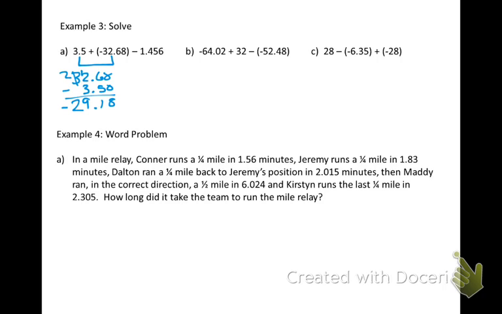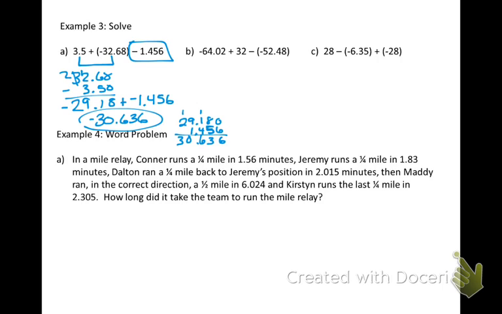And then I'm going to bring this down, but this time I'm going to make it a plus negative 1.456. And now this time they're the same, so you're going to add them together. Okay, so I added them together and got negative 30.636. Why don't you try the others by yourself, and we'll see if they work.